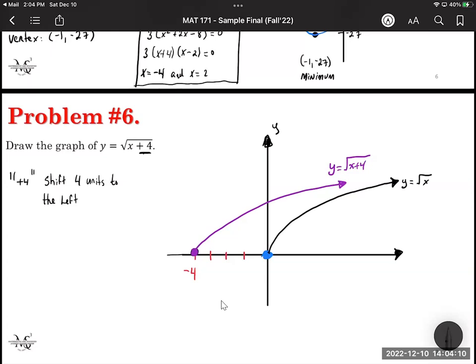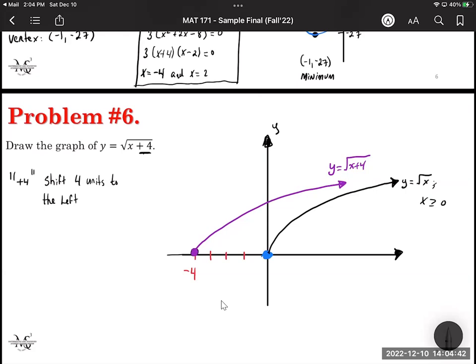This makes sense, by the way, that we go 4 units to the left. Let's just quickly justify it. I'll justify it for you, even though you don't need to know the justification, unless you're going to calculus. If you have y equals the square root of x, you can only evaluate this whenever x is greater than or equal to 0. Because in a square root function, over the real numbers, you can't have a negative inside the square root.